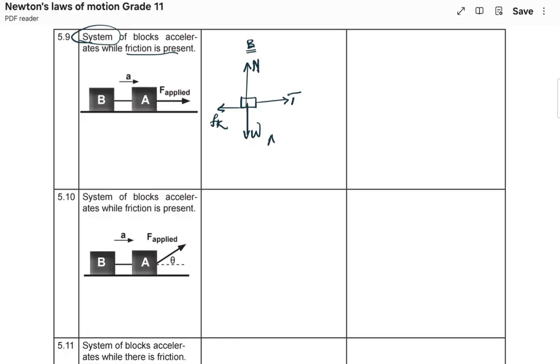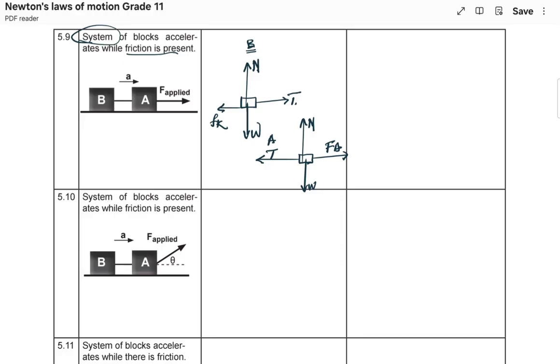Then for A, so there is normal, there is a weight, there is a force applied, then there is a tension in opposite.